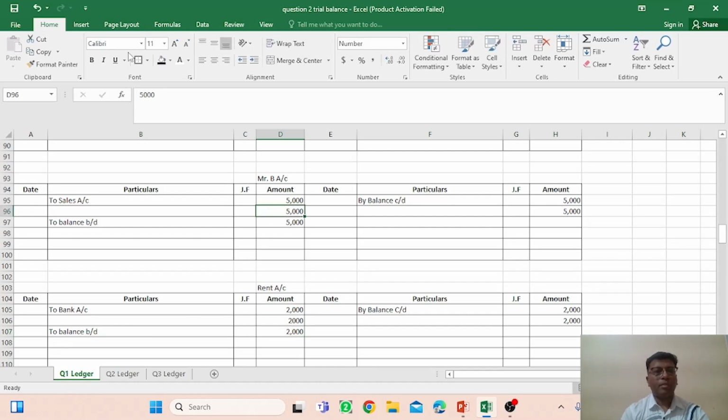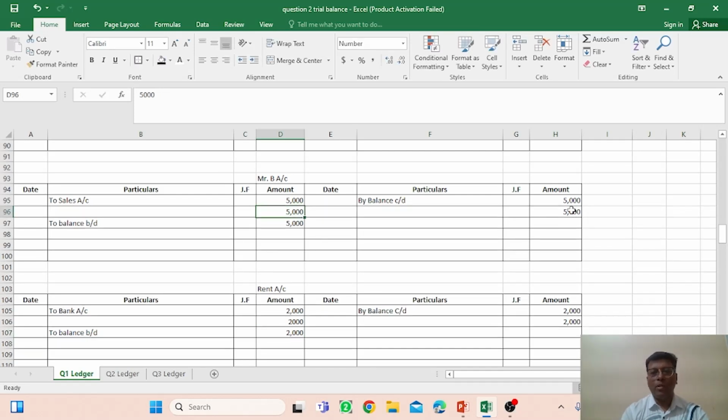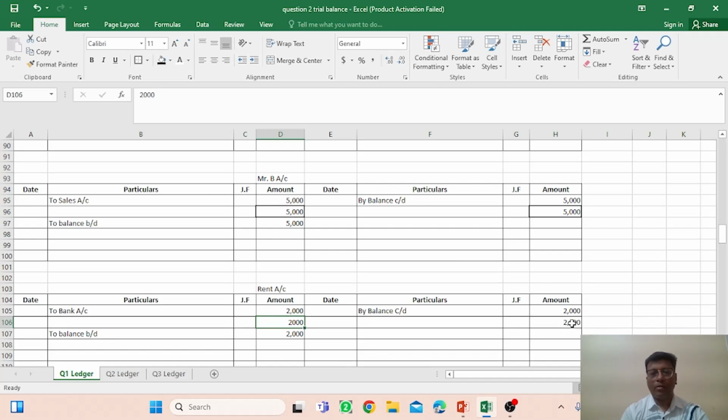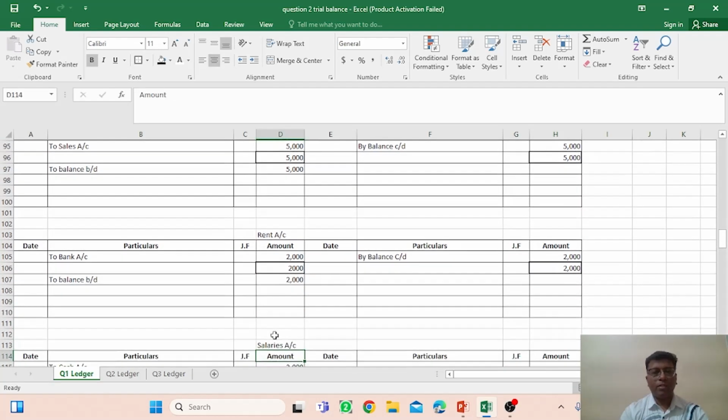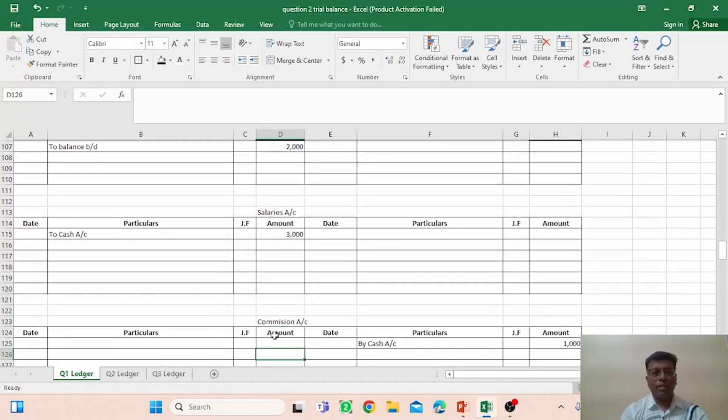Okay, just make it dark, bold, so that you identify this is the total in the account, right? This is the total of this account. So you are extracting the balances of different accounts, right?